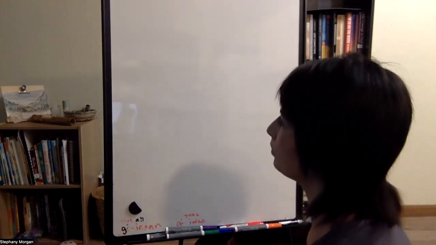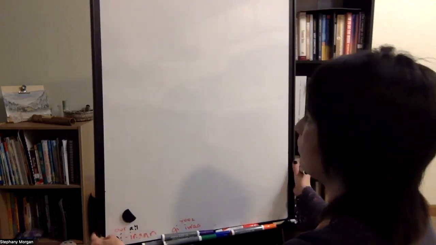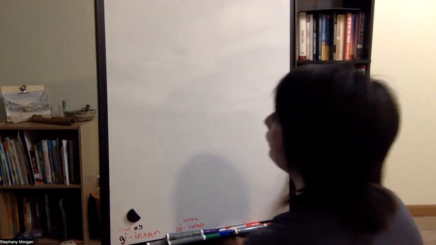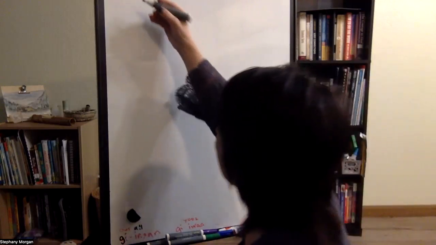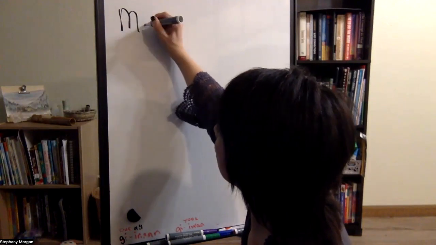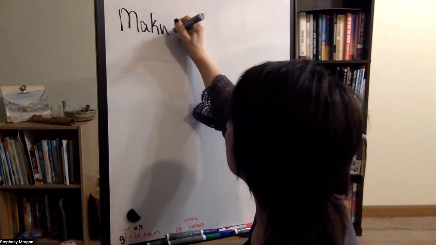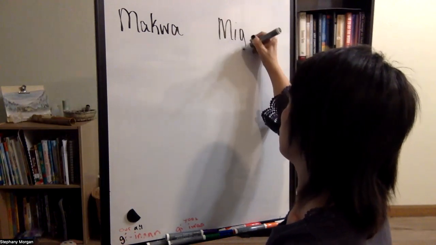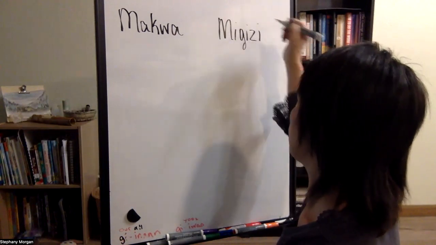So I'm going to use Ojibwe names so that way this works better. So our characters are going to be, can you see up here? Makwa and Megizzi. Is it?